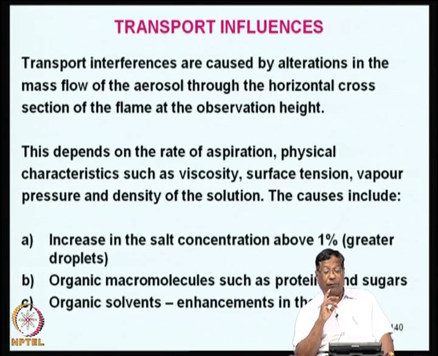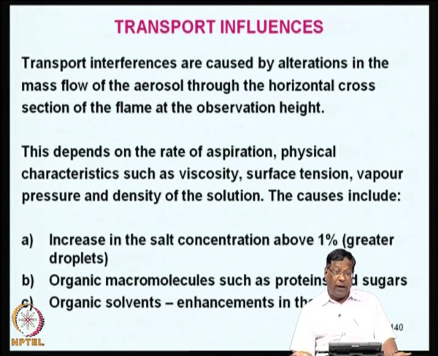For example, the salt content in sea water is 3.5%, in urine and plasma it is more than 1%, and in metallurgical analysis the salt concentration could be much higher. The result is they form greater droplets and reduce the number of atoms formed, which is actually measured. Therefore, there will be attenuation of the signal, that means you will get a lower absorbance value.